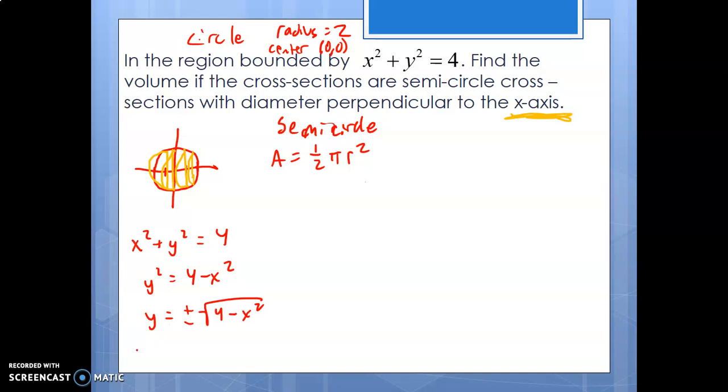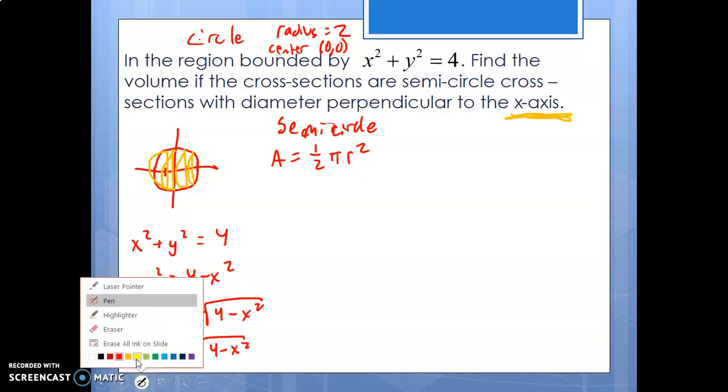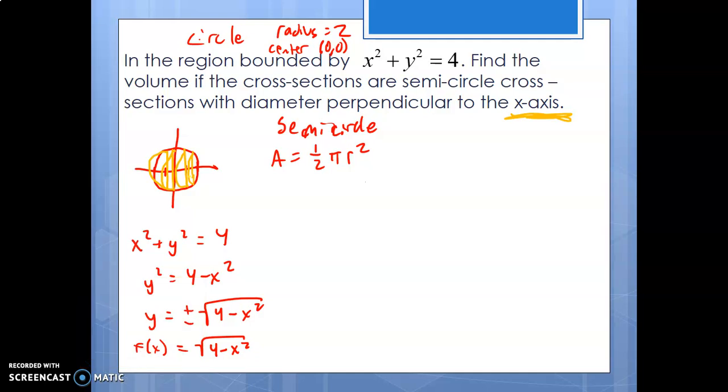Now this y, I'm going to rewrite it as a function, and now I'm just going to pick the top half because I'll be able to do it with just the top half, and I'll show you how that's going to work. So f of x would be the square root of 4 minus x squared, so it's this top half here, which means it's the distance from the x-axis to the semicircle on the top. That is my f of x.